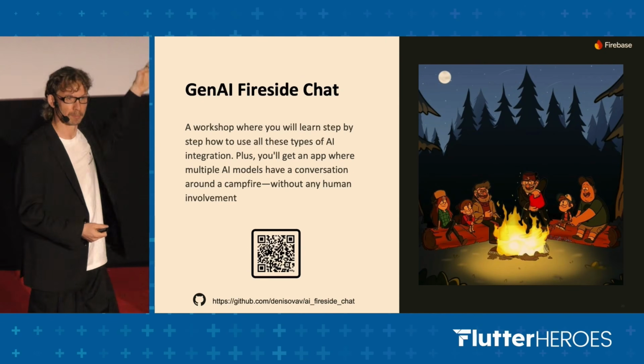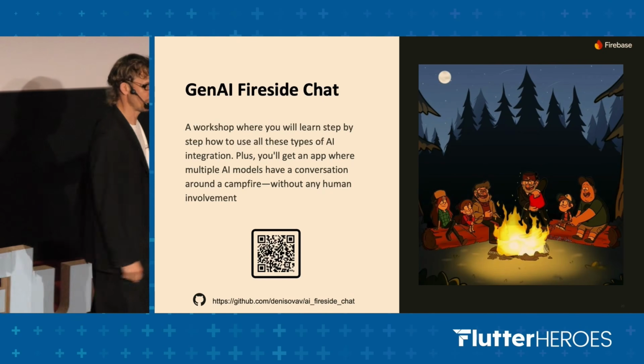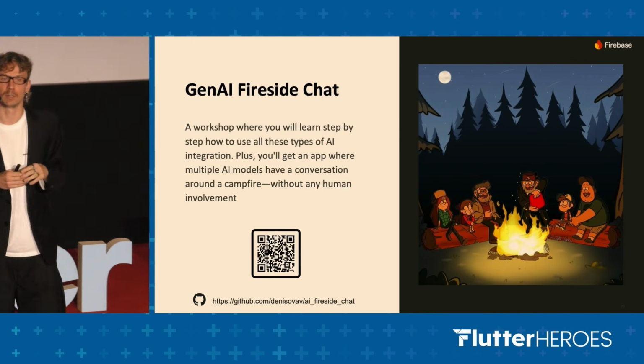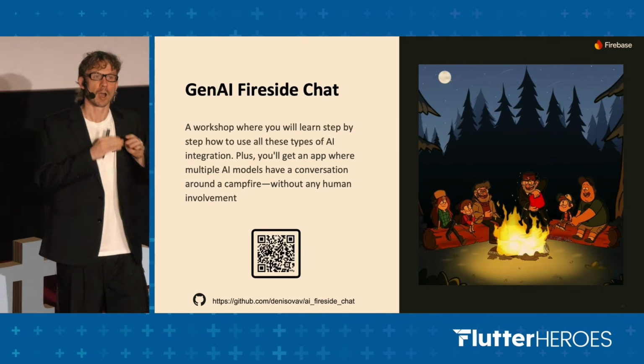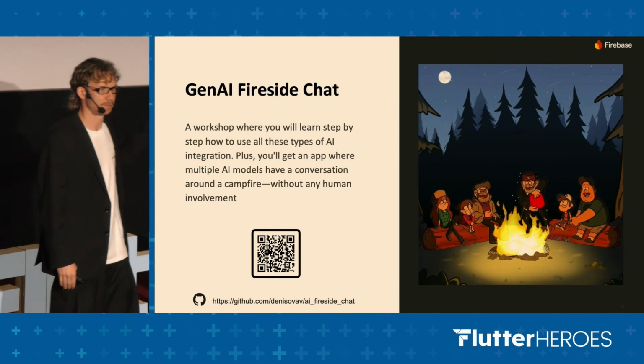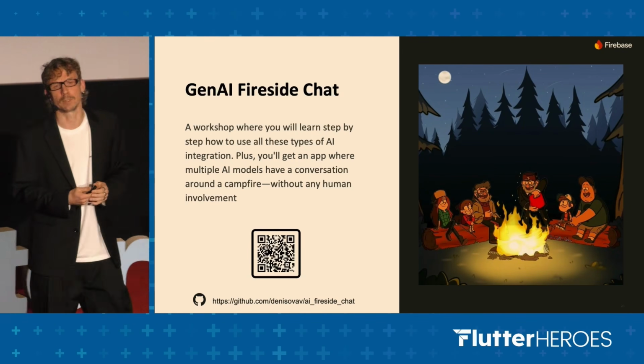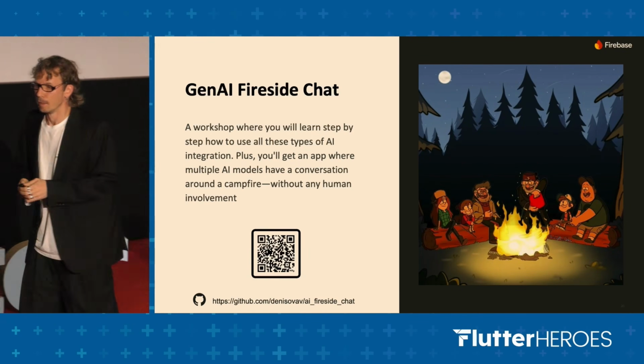There is an example. It's a workshop that shows you how to connect AI to Flutter applications all possible ways. There is a REST API, Firebase Vertex AI, just Flutter SDKs, and so on.